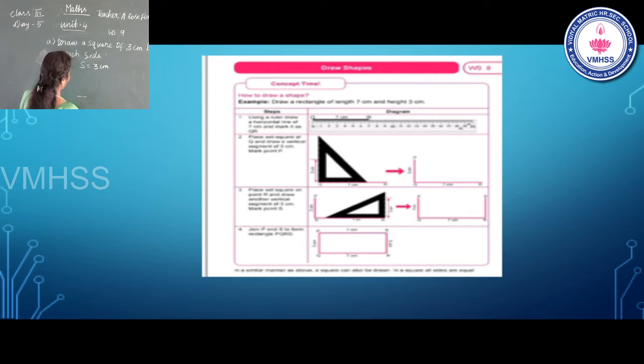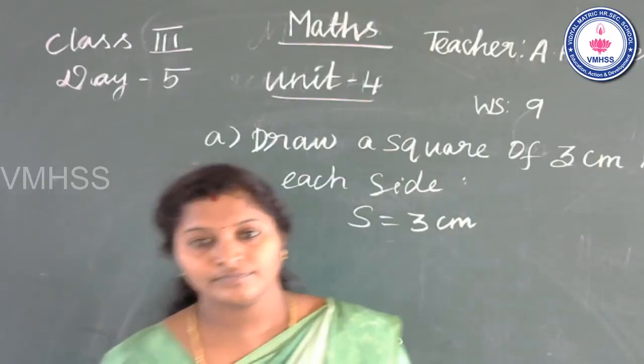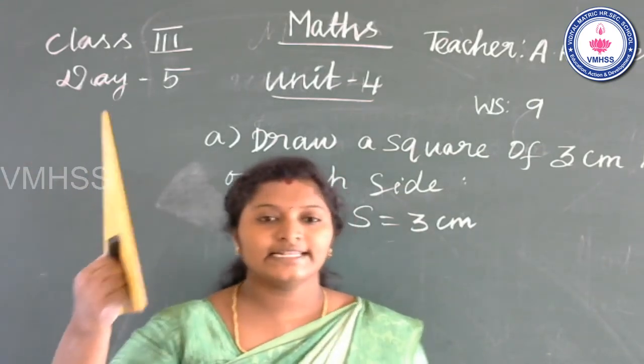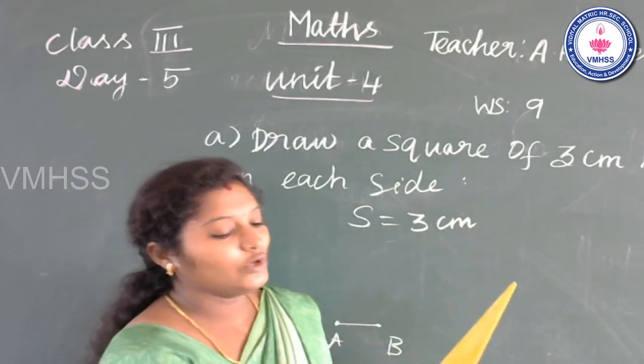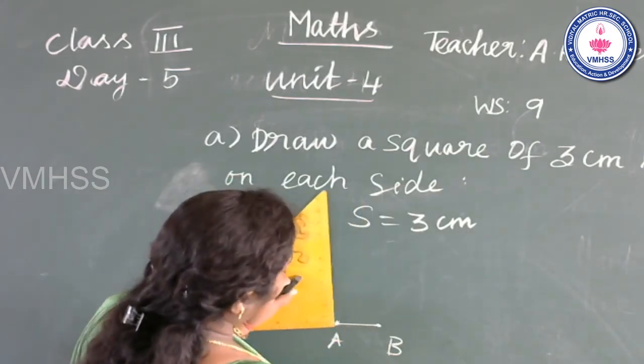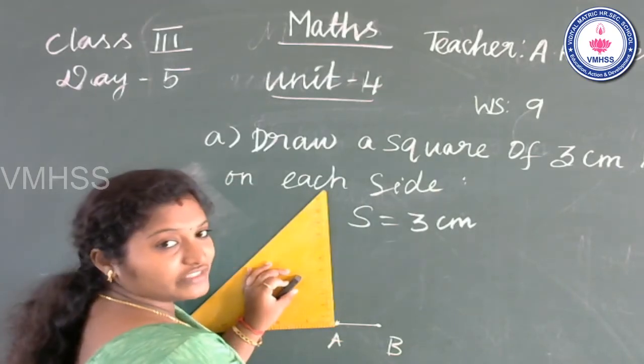Now we point out, for example, A and B. Okay, so now students, please see the board ma. Okay, so what is the next step? So you take a set square. Okay, you start at A and draw one vertical line.